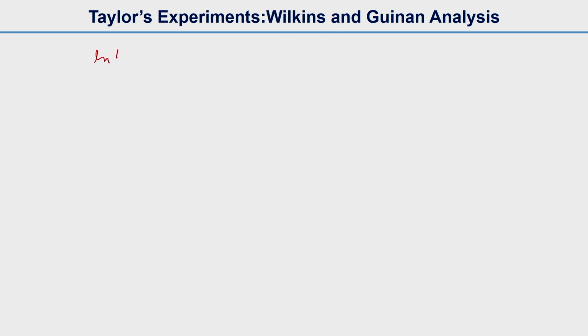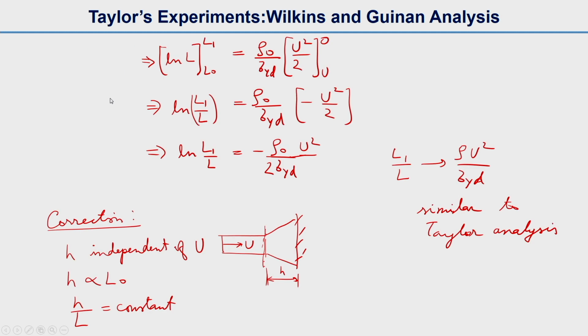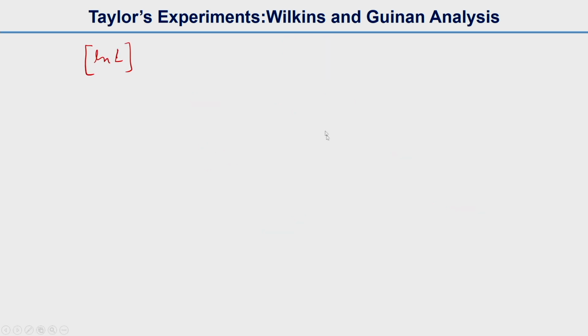So if we want to get this h naught by L out, because h naught does not depend on u, and our earlier relation showed that L1 by L is a function of u square, what they did is take that h naught by L equal to constant part out of this relation.